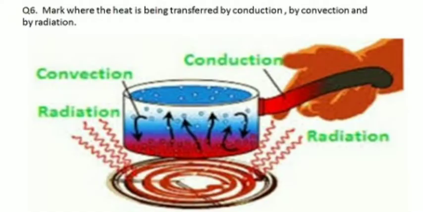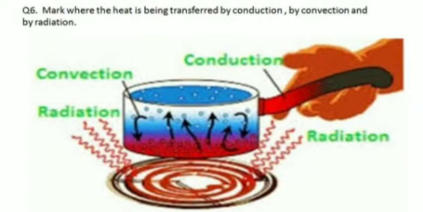Question number 6. Mark where the heat is being transferred by conduction, by convection, and by radiation. Now here, if you can see, when this fire heats up this vessel which contains water, how is the vessel getting heated up? The vessel is getting heated up by conduction.